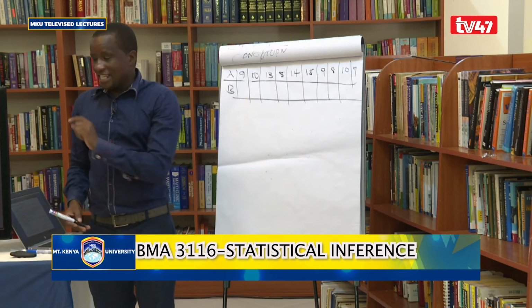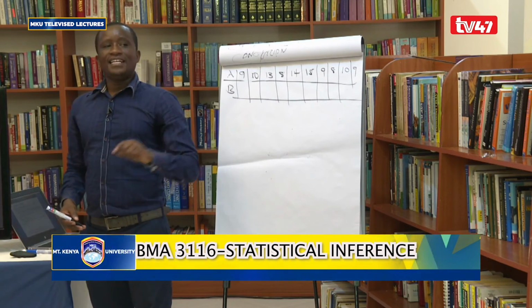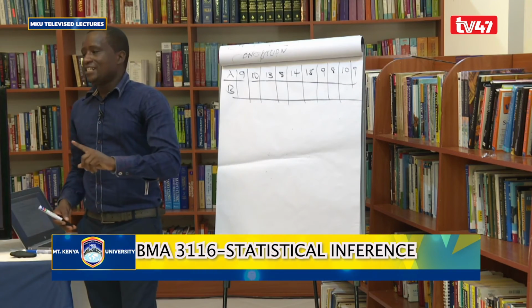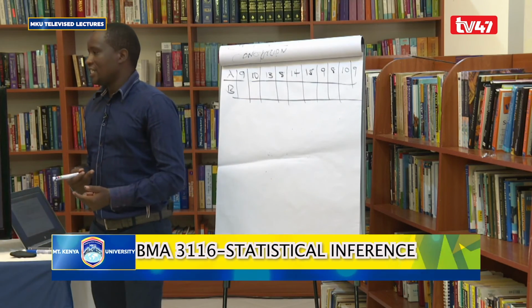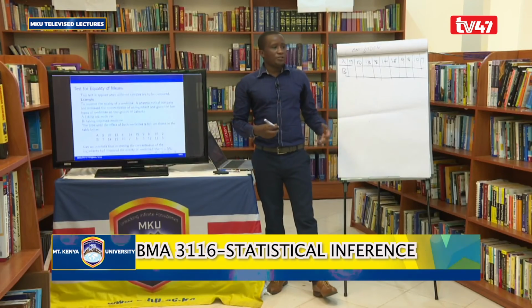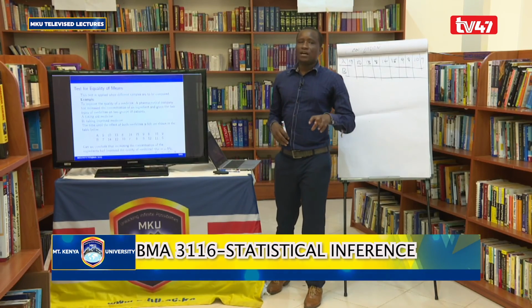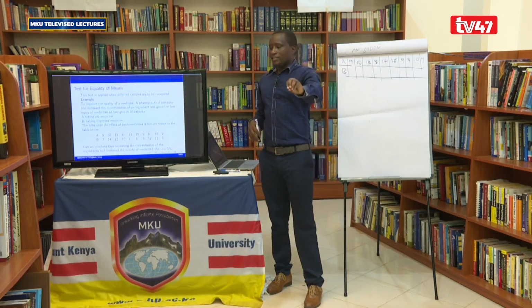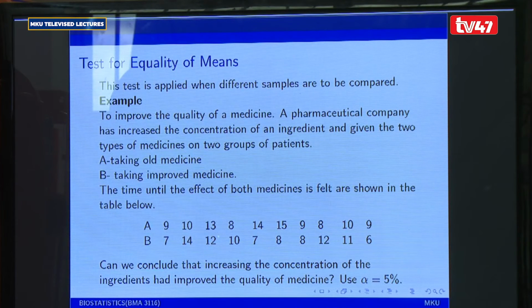But if the means are different, then it means that the ingredient brought about some effect in the medicine, and maybe it should be considered, of which in this case we could go deeper and test, did it have an increased or decreased effect on the quality of the medicine. So that would mean we carry out a test to ascertain whether the one mean is greater than the other or less than the other.